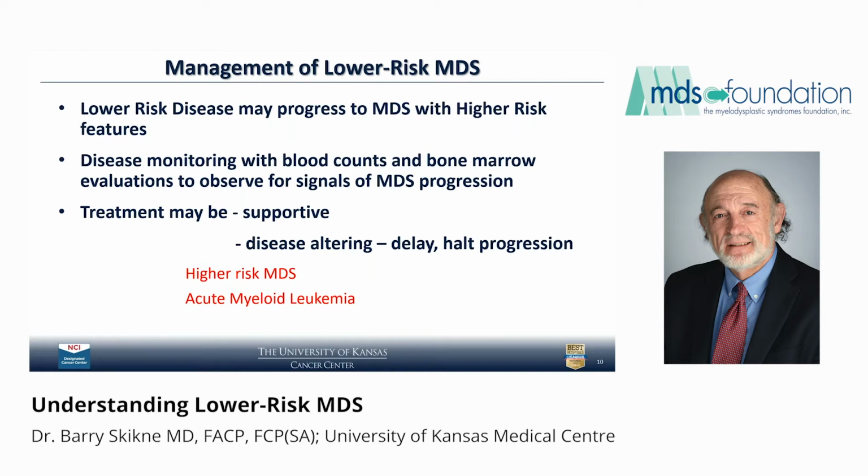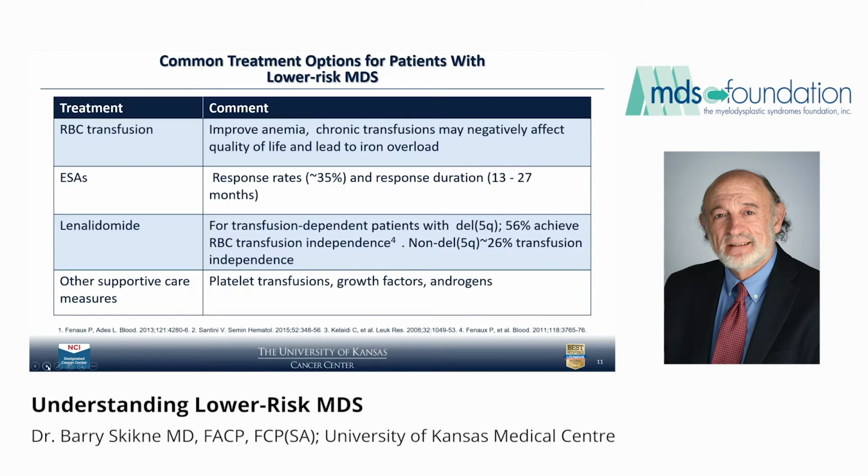Now, the disease-altering treatment is treatment to delay or halt the progression of the MDS, and try and prevent high-risk MDS from occurring, or if it does, to slow its progress, and certainly to try and prevent the occurrence of acute myeloid leukemia, or at least delay it.